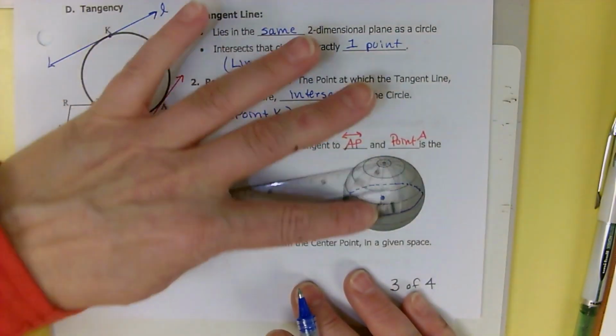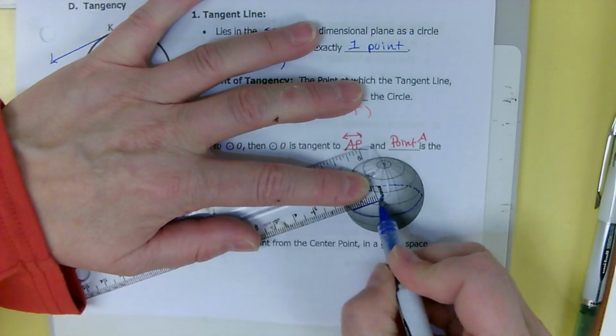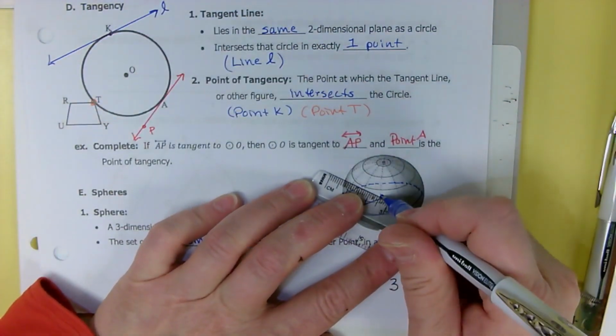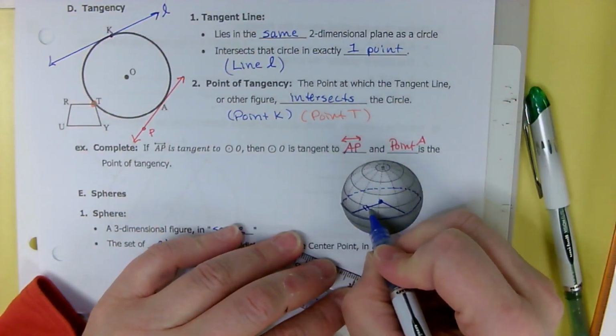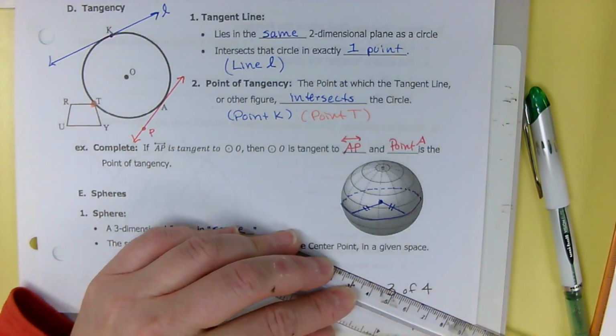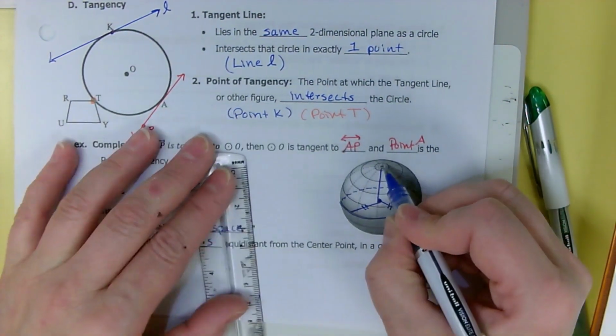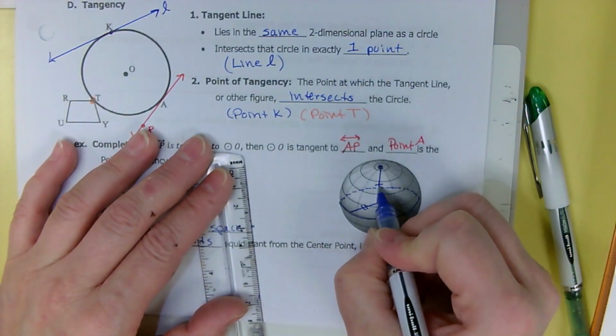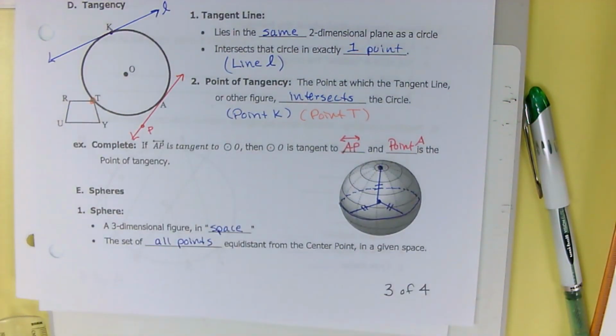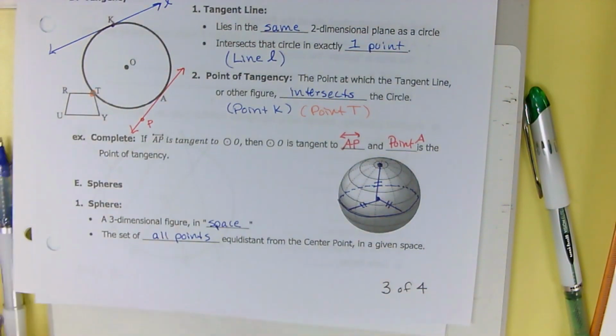And if I draw a line to the left and to the right, those would be radii, and they are congruent. What makes this a sphere is I can also draw a line straight up to the top, and it will also be congruent. So three dimensions of congruent radii make a sphere.